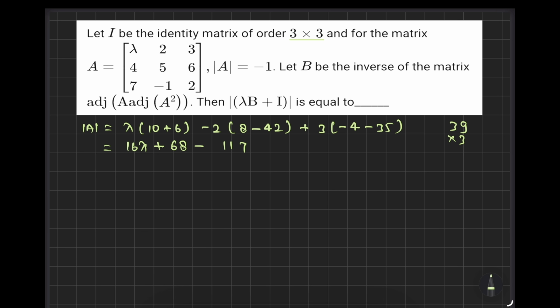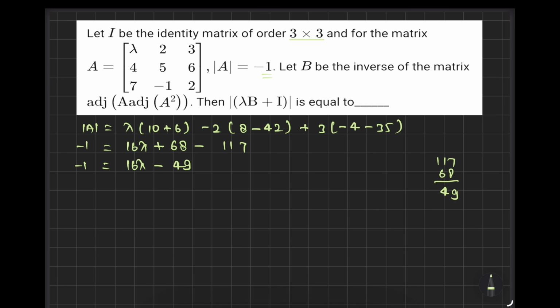They have already given you the value of determinant as minus 1, so here we need to write down the minus 1. So minus 1 equals 16 lambda minus 117 plus 68, so 9 and then this is 49.